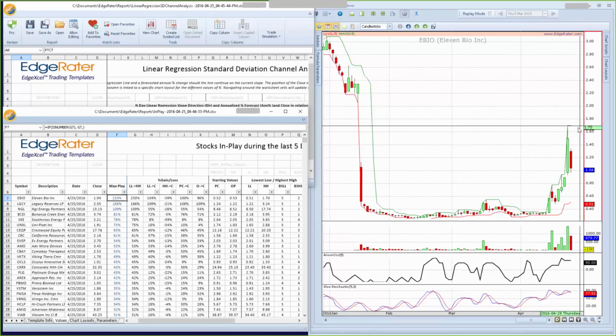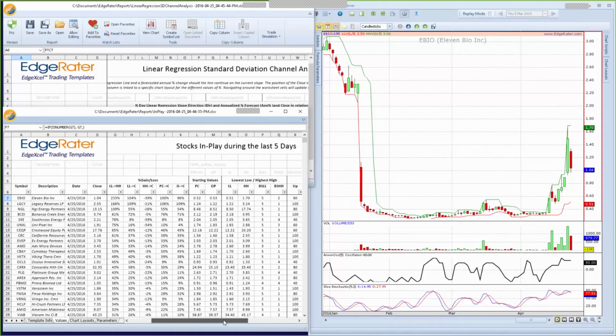And so if you're looking for things that have had some interest and have also had a retracement, then this is a good way of doing it. You can look at highest high to close and find things that have retraced somewhat. If you're looking for less than 50% retracements, then you can find them in this column here. And you can do sorting and filtering by this too. So there's a whole wealth of information built into this particular report.